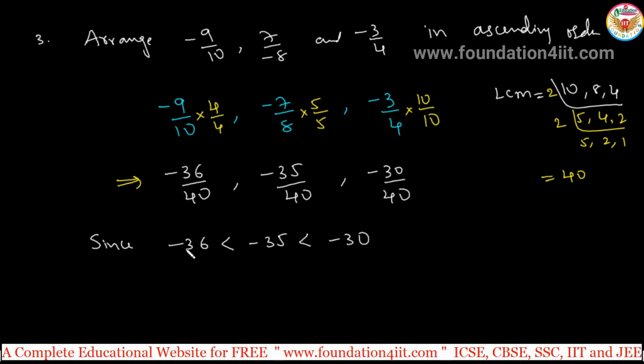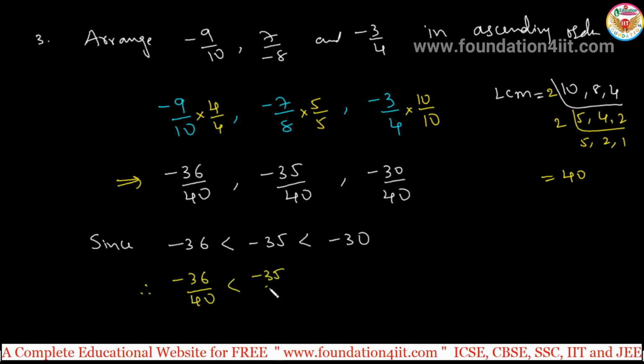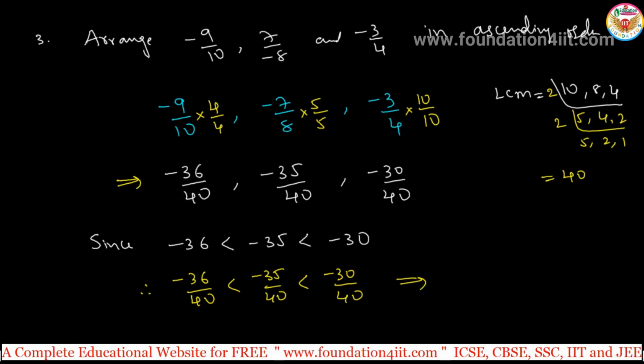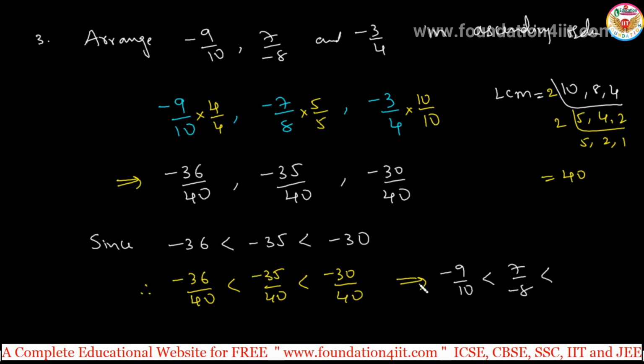So negative 36 by 40 is less than negative 35 by 40, which is less than negative 30 by 40. From this, according to the question, we can arrange. Negative 36 by 40 is negative 9 by 10, so minus 9 by 10 is the smallest. Next one is 7 by minus 8.